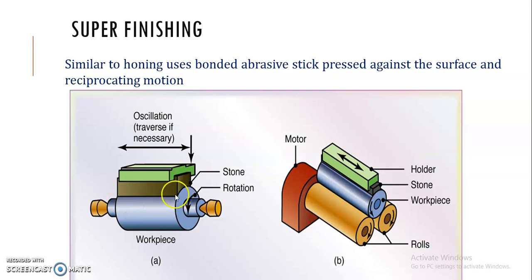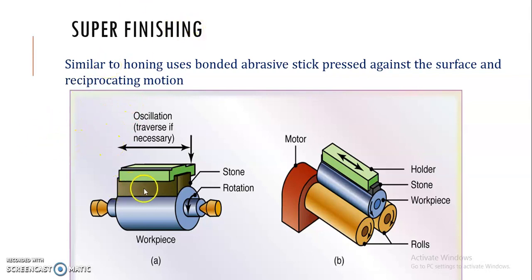Now the length of this stone is very small. Keep in mind, the tool used in super finishing is an abrasive stone. It is not like a honing tool. Honing tool length is very large, but here it is exactly a small fraction of that length, an abrasive stone.